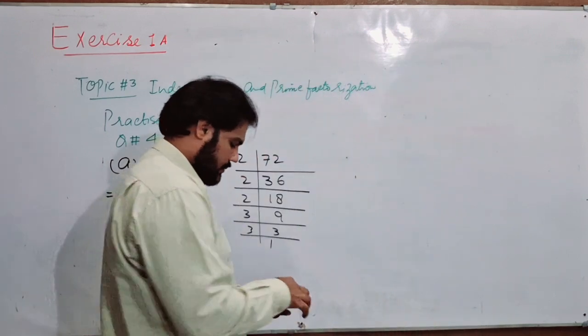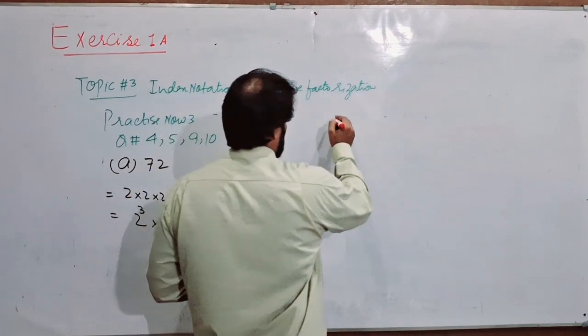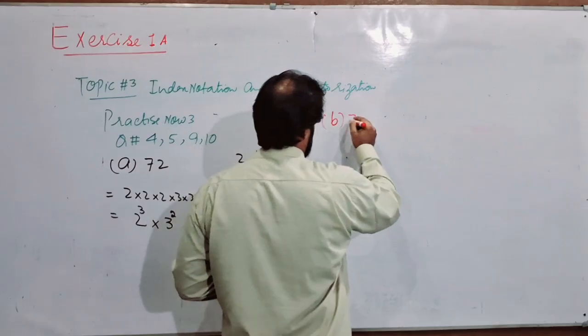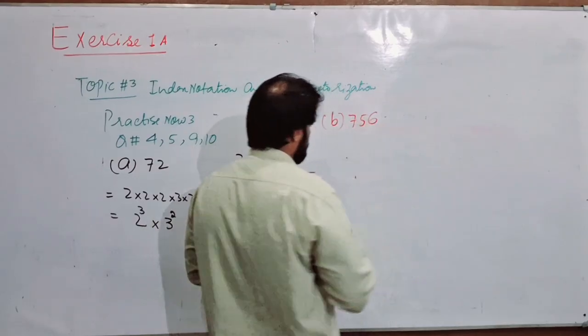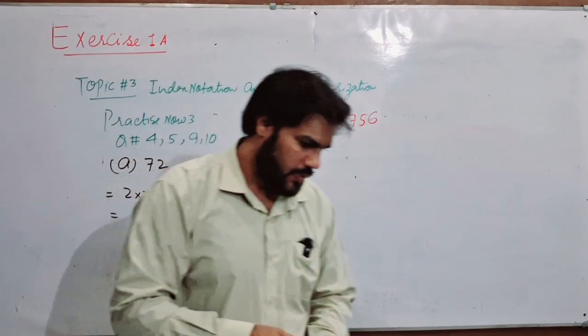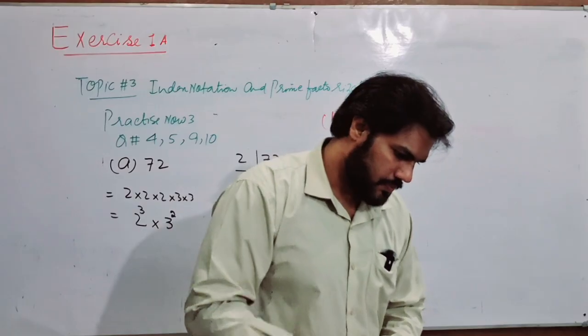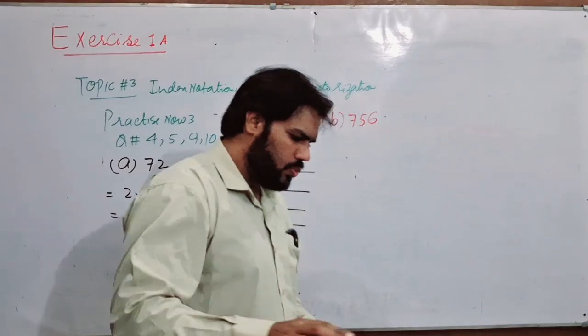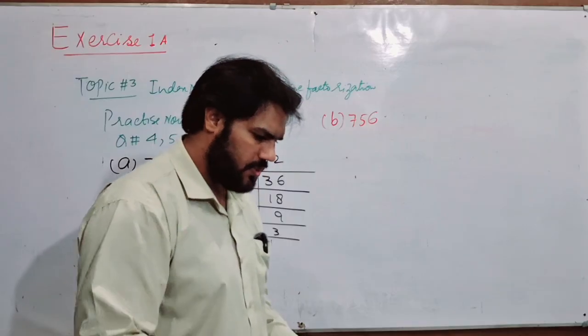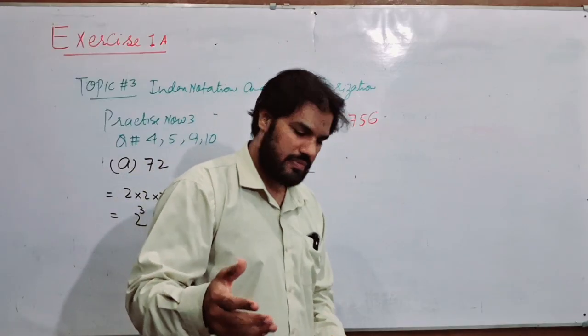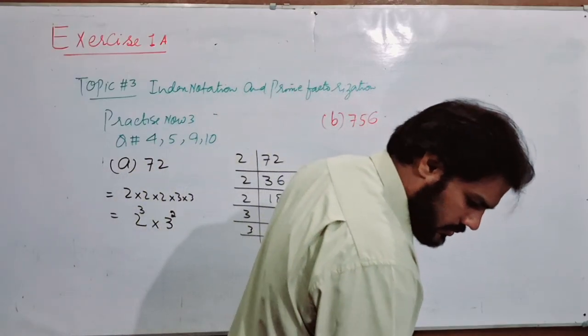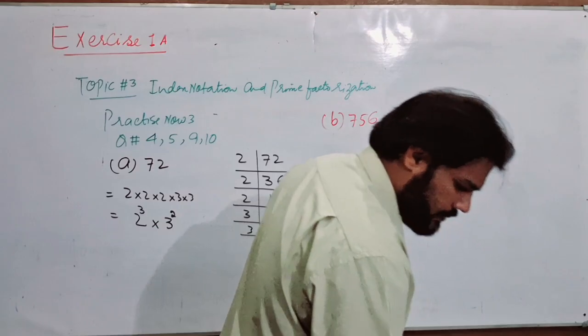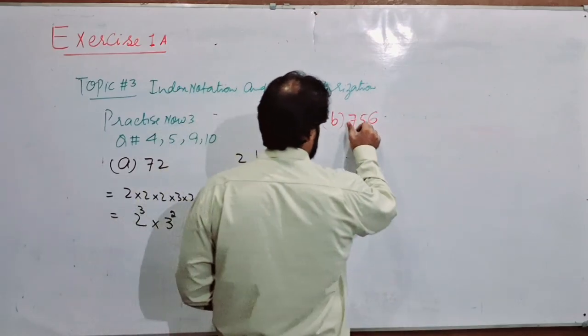Second part is 756. We have to make its prime factorization. I think you can do all of these parts. B is 756, C is 187, D is 630.